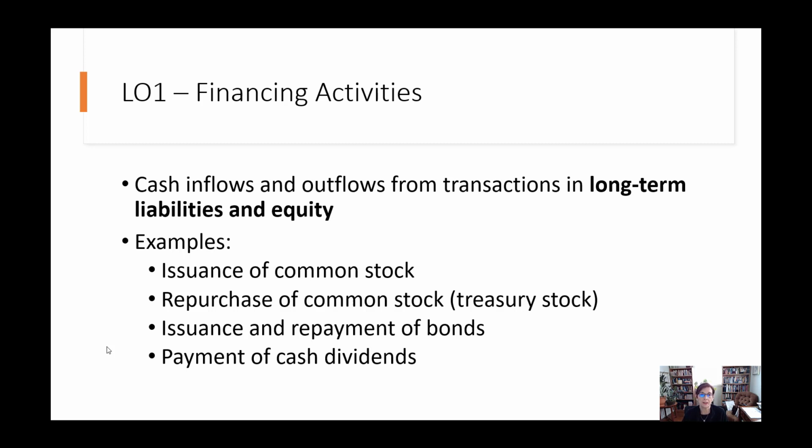Repurchase of common stock, which if you're going to hold on to it, is called treasury stock, and that requires cash, right? Issuing and repaying bonds, that's of course money coming in and also money going out. And finally, payment of cash dividends. Those are all financing activities. So you do need to be familiar with which transaction goes in which place, and that's one of the things that you're going to want to practice.